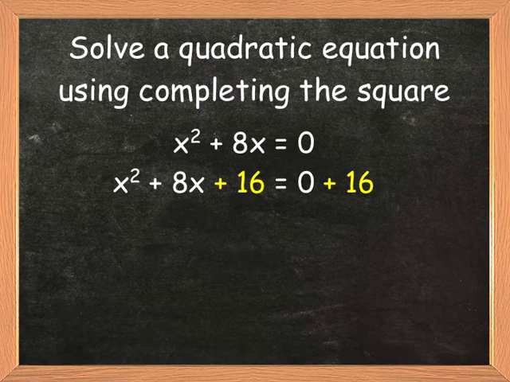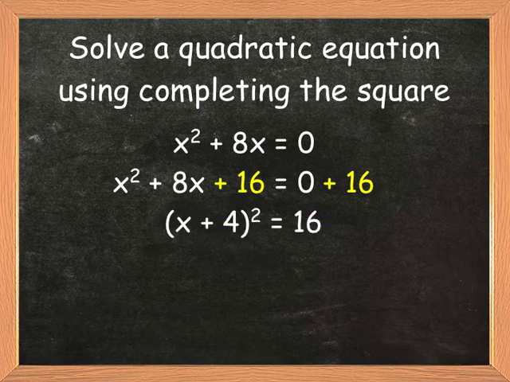Now I want to write the left-hand side of my equal sign as a binomial squared, and I've simplified the right. I want to take the square root of both sides. When I do, I get x plus 4 on the left equals plus or minus 4.